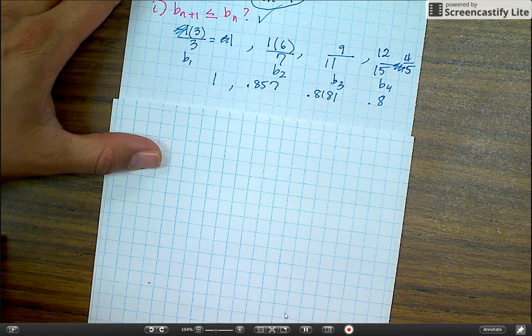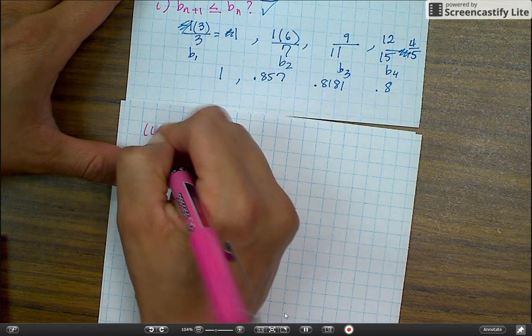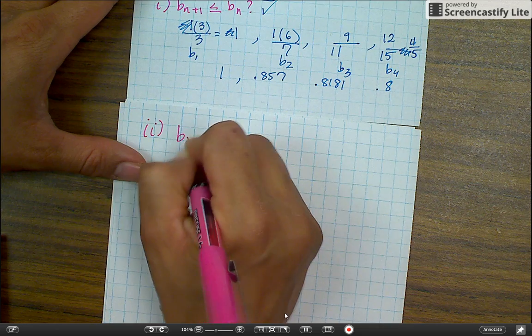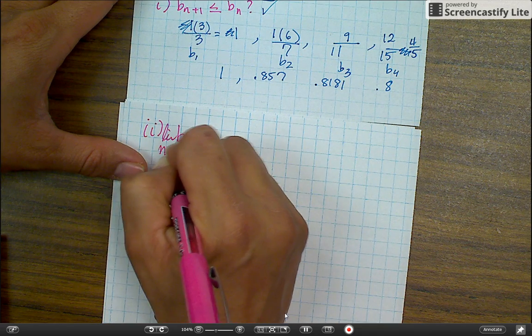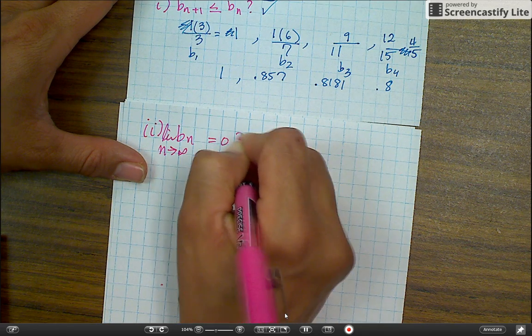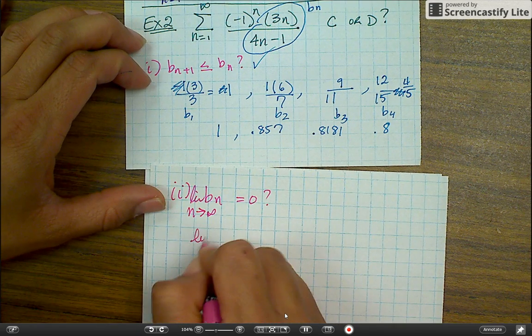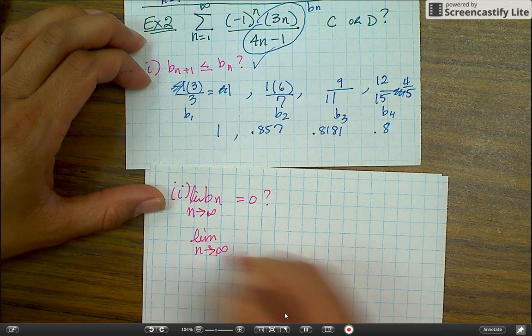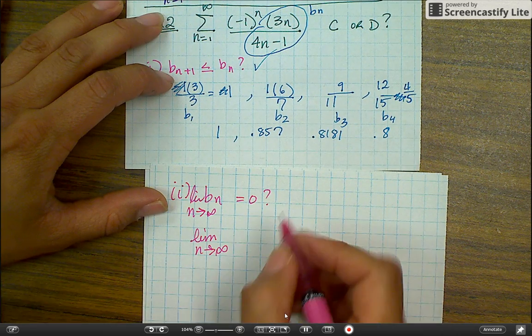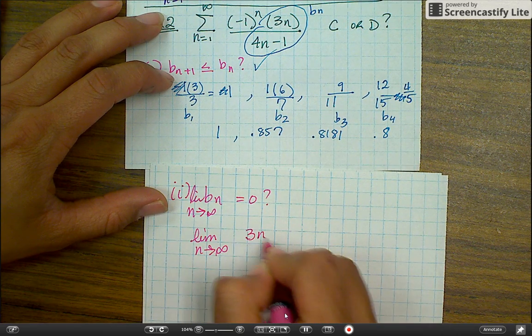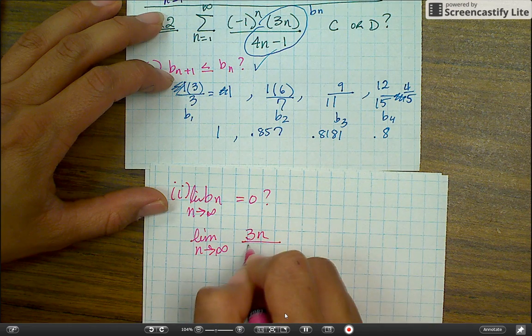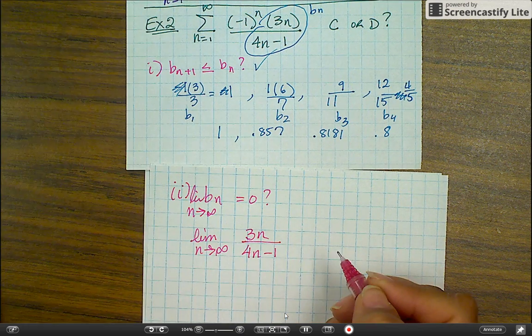So now let's check the next part. Does the limit as n goes to infinity equal 0? Let's see, the limit as n goes to infinity of my Bn part, which is 3n divided by 4n minus 1.